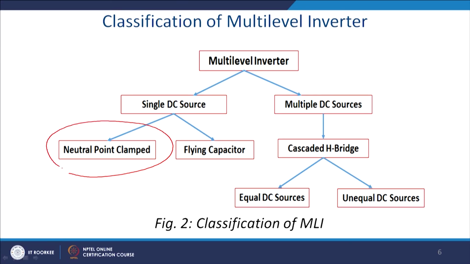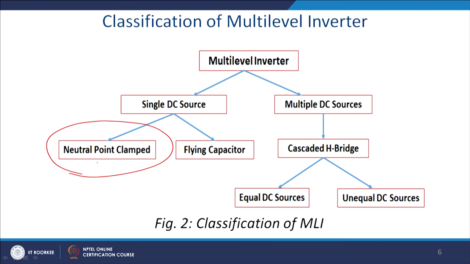Now, we shall detail the application aspect of this multilevel inverter. Multilevel inverters can be broadly classified into single source types. Generally, you will find that the most used topology is the neutral point clamp, or diode clamp topology, and you will also have a capacitor; it is the simplest topology and finds much more application.